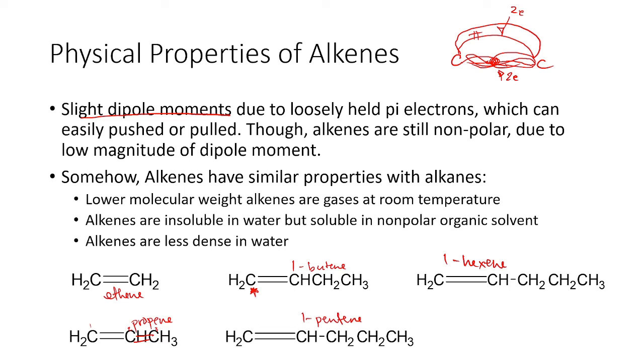For example, if we compare propene to propane, propane has a boiling point of negative 42.1, and propene has a boiling point of negative 47 degrees Celsius. And for those na hindi nalilito sa negative numbers, mas mababa ang negative 47 kaysa sa negative 42.